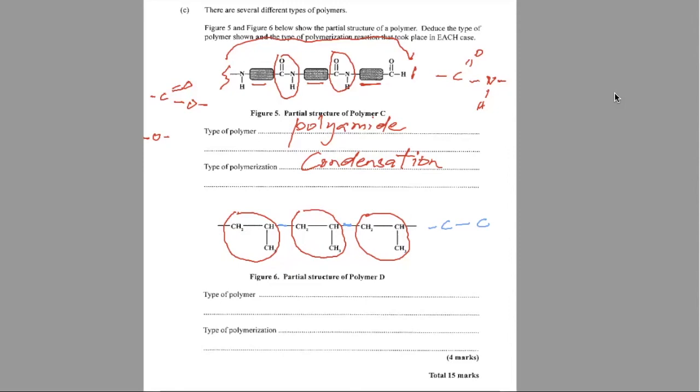So the type of polymer here would be polyalkene. So this is formed from the joining of many alkene molecules. But when the joining has occurred, we don't end up with a carbon-carbon double bond anymore.